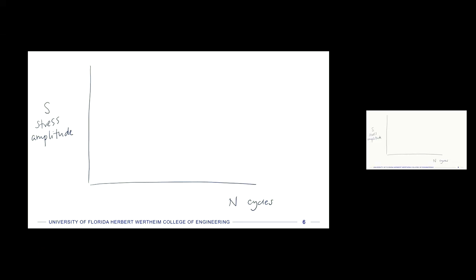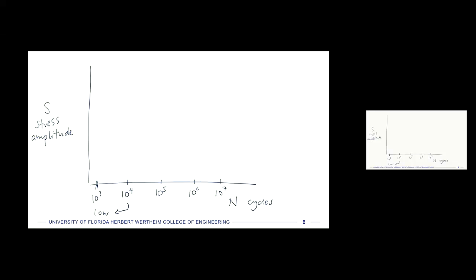For a given material, we usually start this at about 10 to the third on the x-axis. Anything below 10 to the fourth cycles, we said was low cycle fatigue. So we're really going to focus on everything up to 10 to the 6, 10 to the 7. 10 to the 6 is always a million. And then you can get out to billions of cycles.